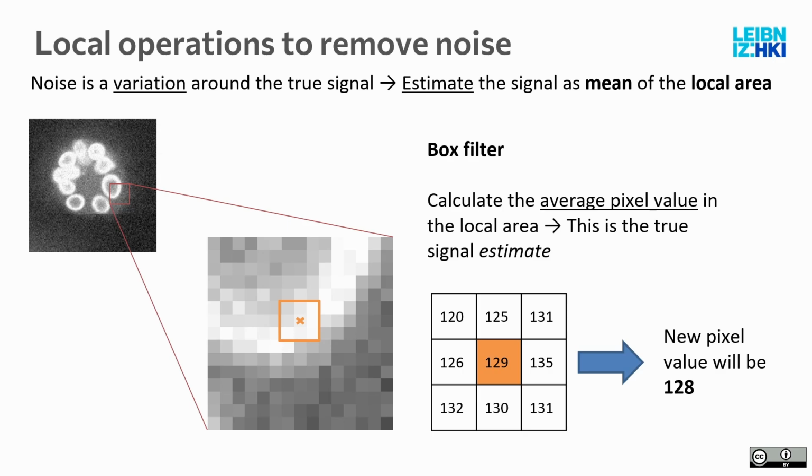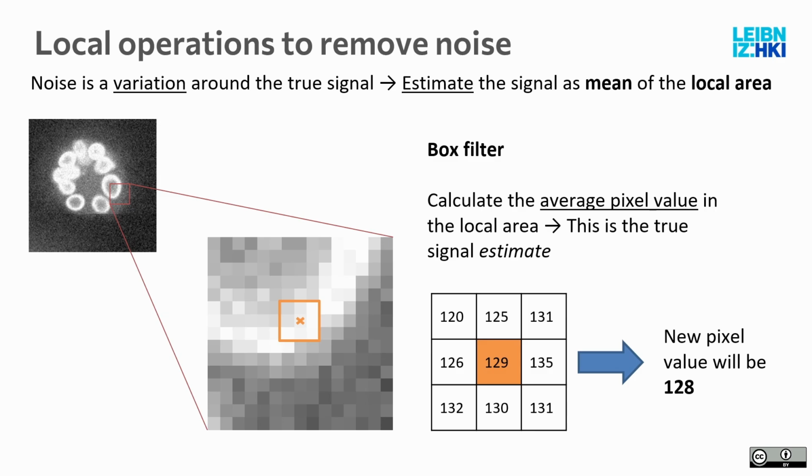So, how can we remove noise with the help of local operations? A simple principle or approximation we can use is: we have a pixel value here in the middle, and a surrounding area around it. Noise is a variation around the true signal, so we could take the area around it and use it to estimate the true value.